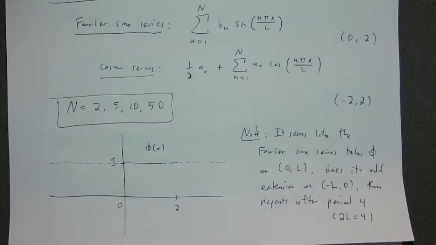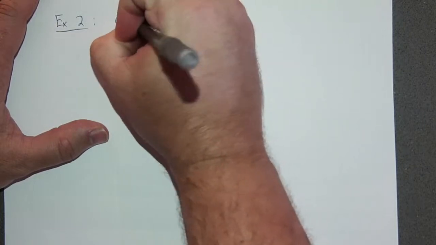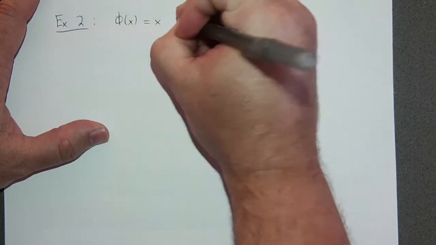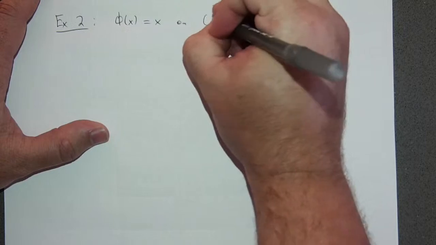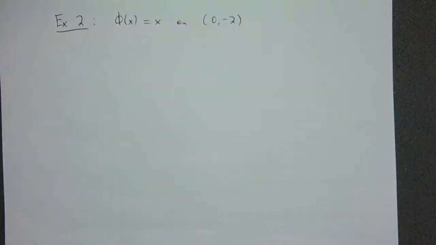Of course, as I mentioned, the cosine and full Fourier series are actually trivial for this particular example. So let's pick another function and see how this works. Let's do example 2 here. What about phi of x equals x on 0 to 2?